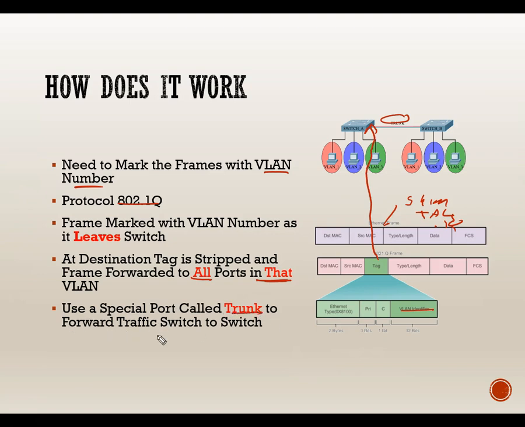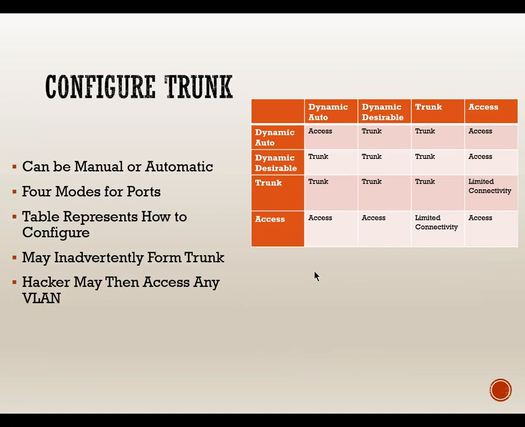A special port called a trunk forwards the traffic switch to switch, all of the VLANs switch to switch using the trunk port. Handy thing to have. And the way that we create a trunk port, we can either use the dynamic, back to this thing here.